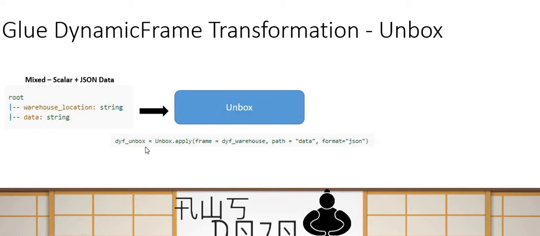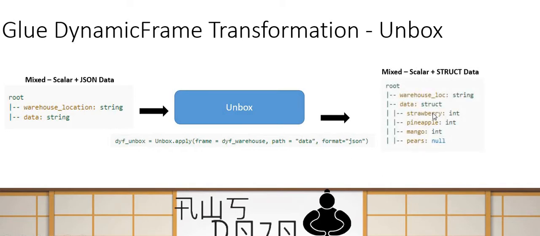It's going to create a transformed data frame, which will be something like this, where your scalars will remain as scalars, but your JSON data gets converted into a structure, a struct.